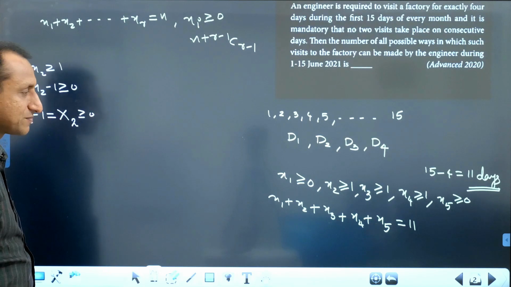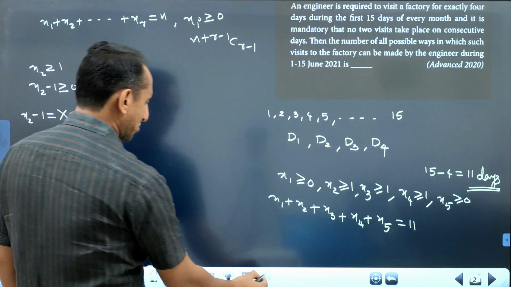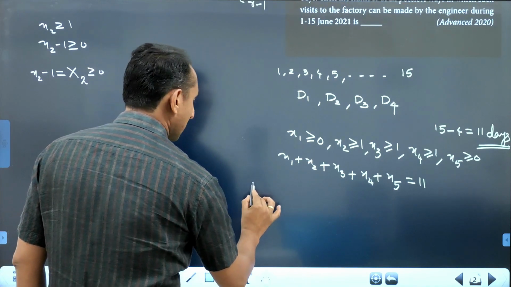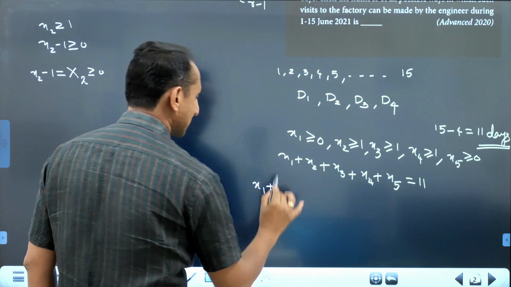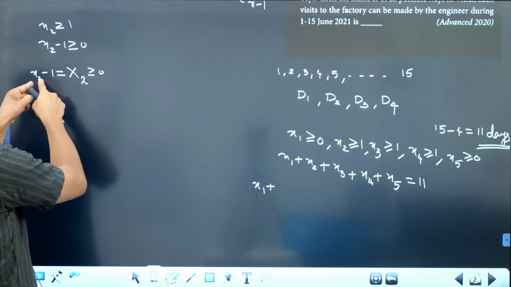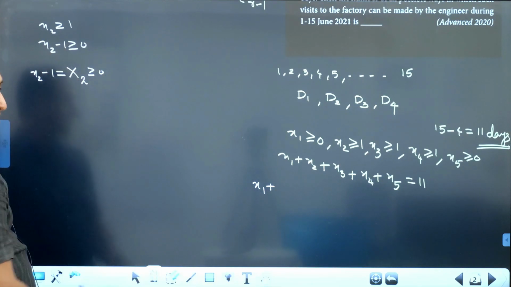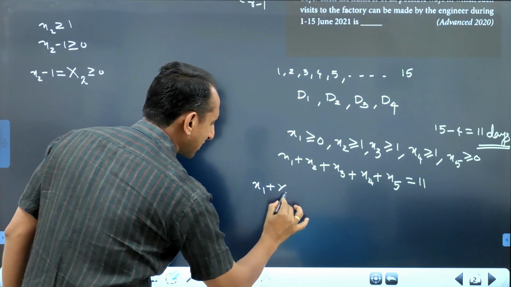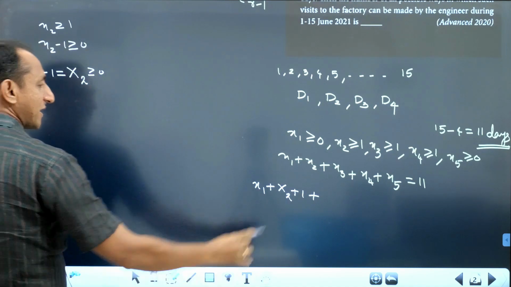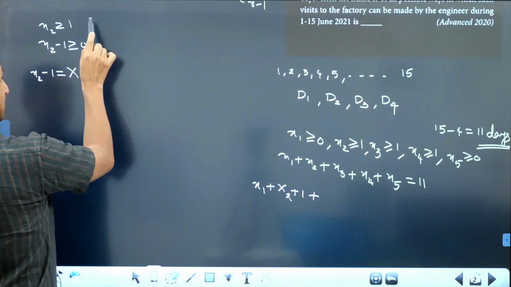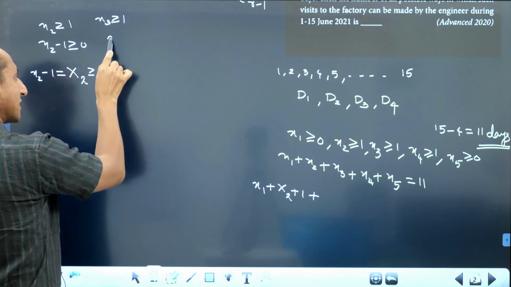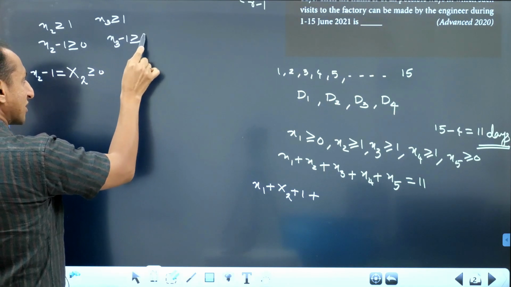So come to our equation: x1 plus small x2, written as capital X2 plus 1, plus x3. x3 is greater than or equal to 1, then x3 minus 1 is greater than or equal to 0.